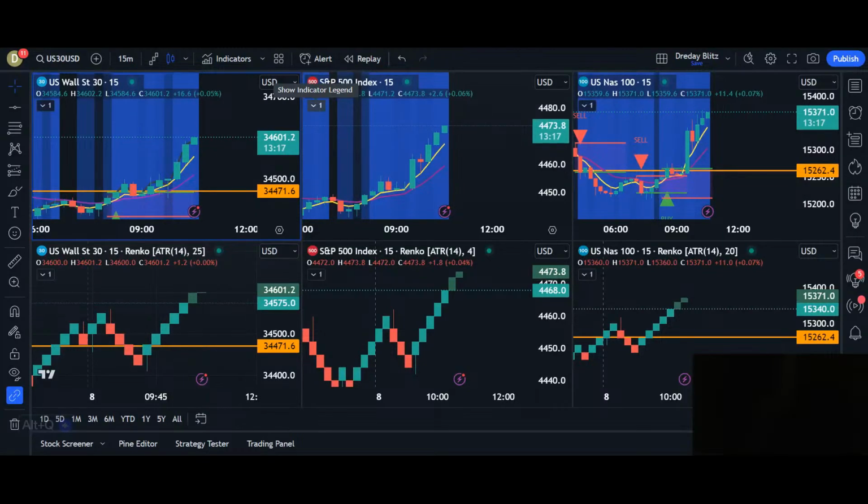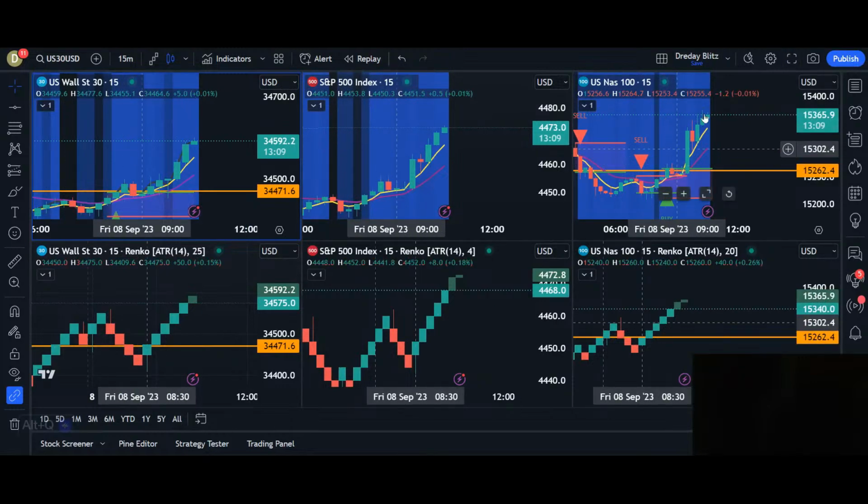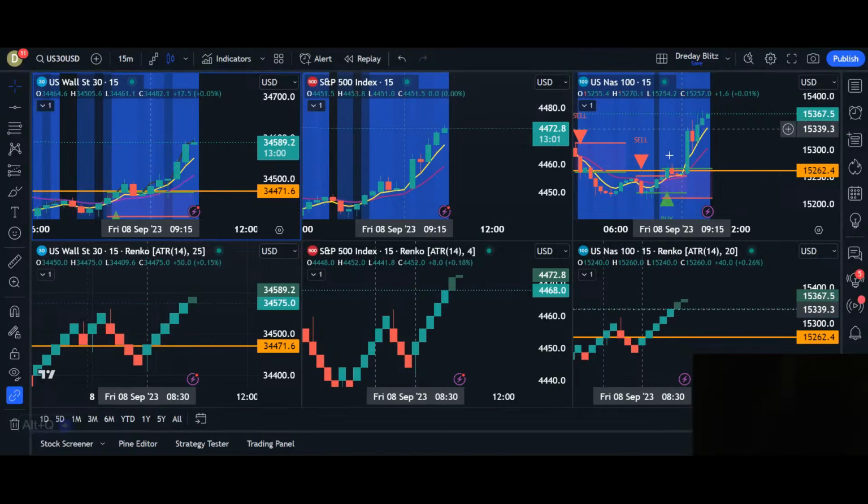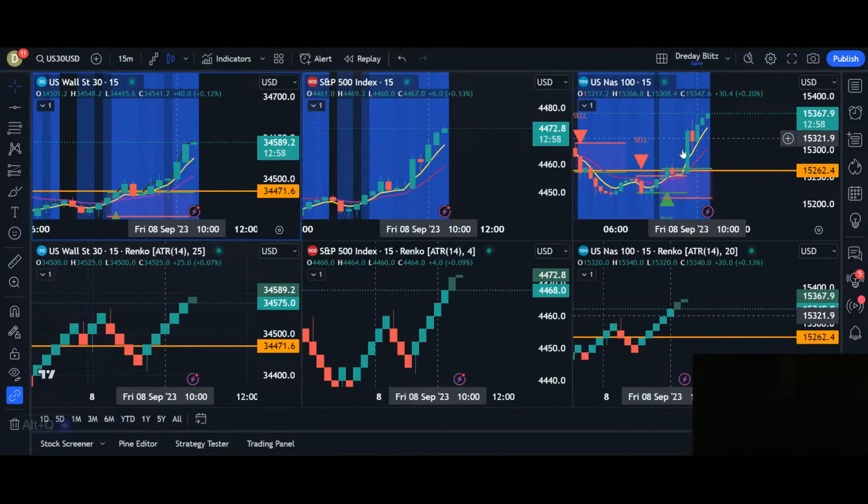So we're still looking bullish here overall. And as you can see, the colors in the back, this is the indicator. This is my personal own setup that's filtering out the setup in different time frames.